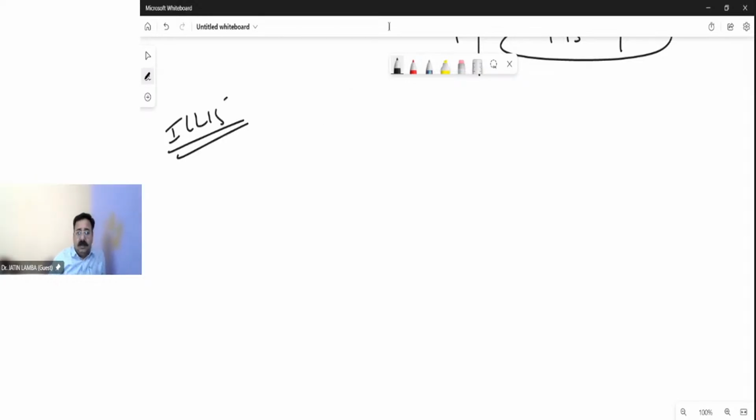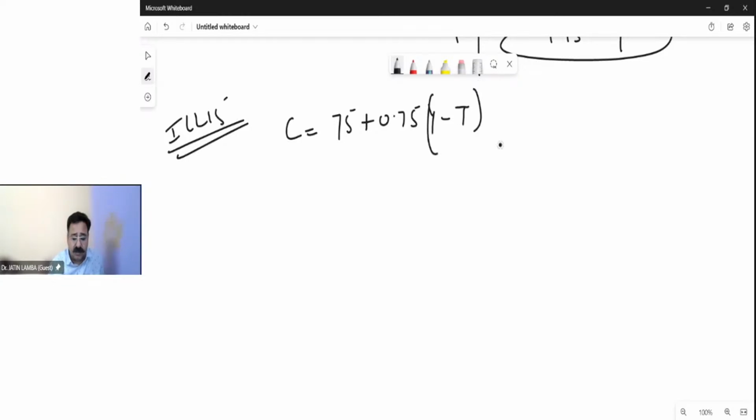You can write C is equal to 75 plus 0.75 y minus t. Y minus t is the disposable income.